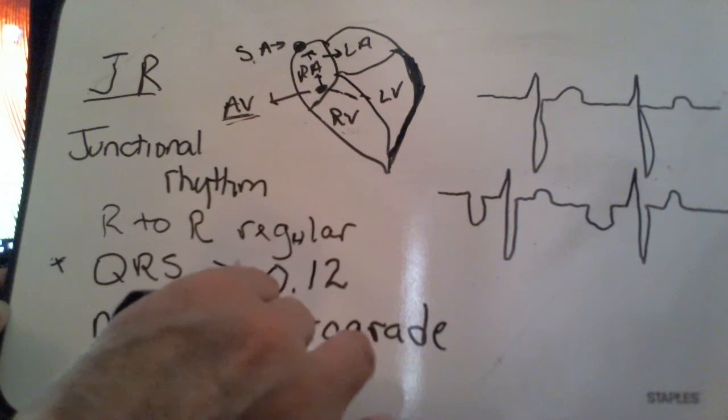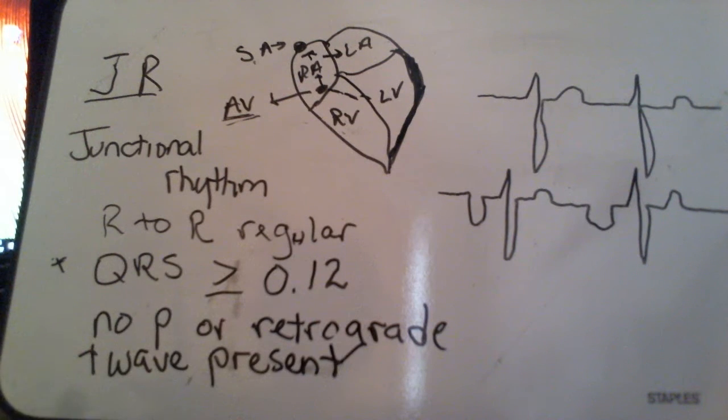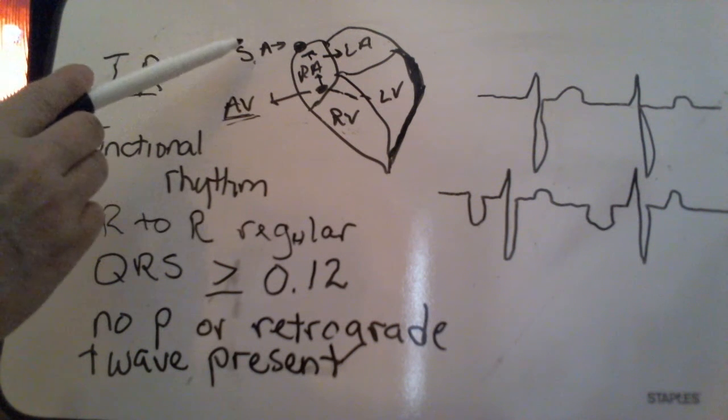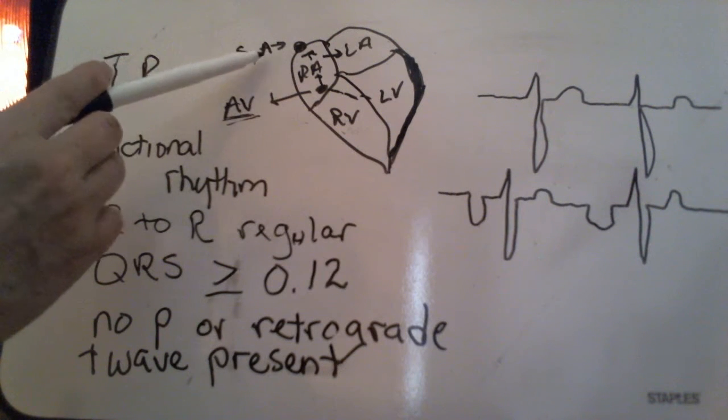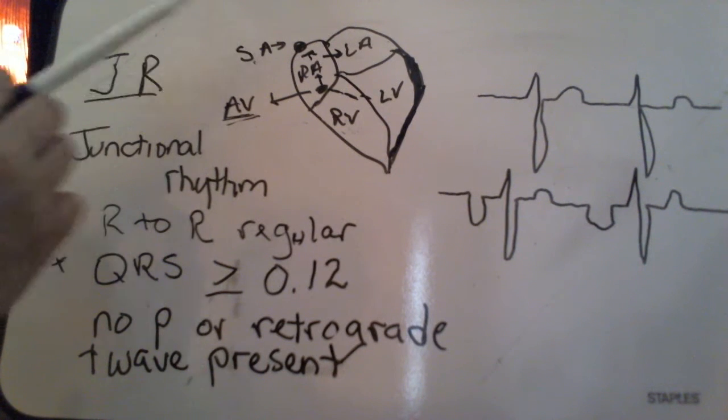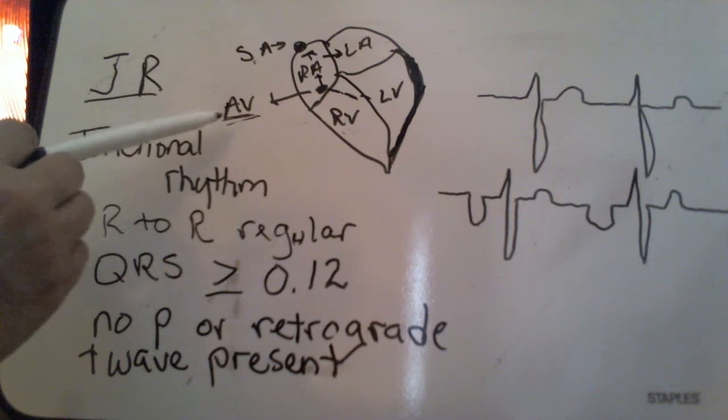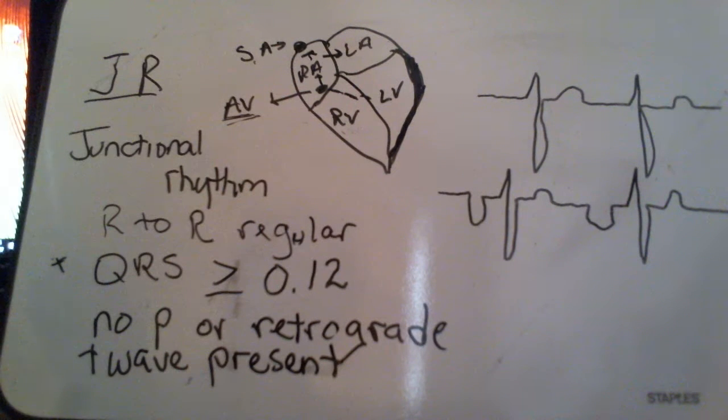And now here's the confusing question that I'm going to ask. What's your rate going to be? Well, how would you know? I haven't told you yet. But I want you to think back. What's your intrinsic rate for your SA node? 60 to 100. Everyone that answered that's right. Your AV node, what's the intrinsic rate on that? 40 to 60.